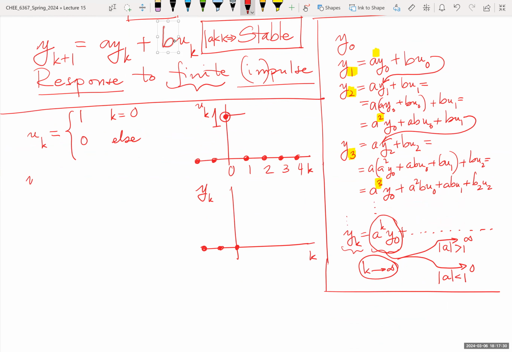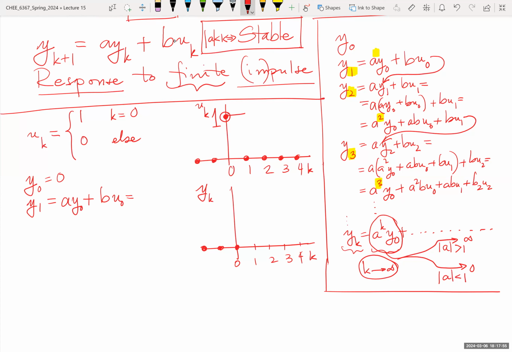So I'm going to get y0 is equal to 0. That's my starting value. y1, so I have k equal to 0, 1, 2, 3, 4, etc. y1 is going to be a y0 plus b u0.